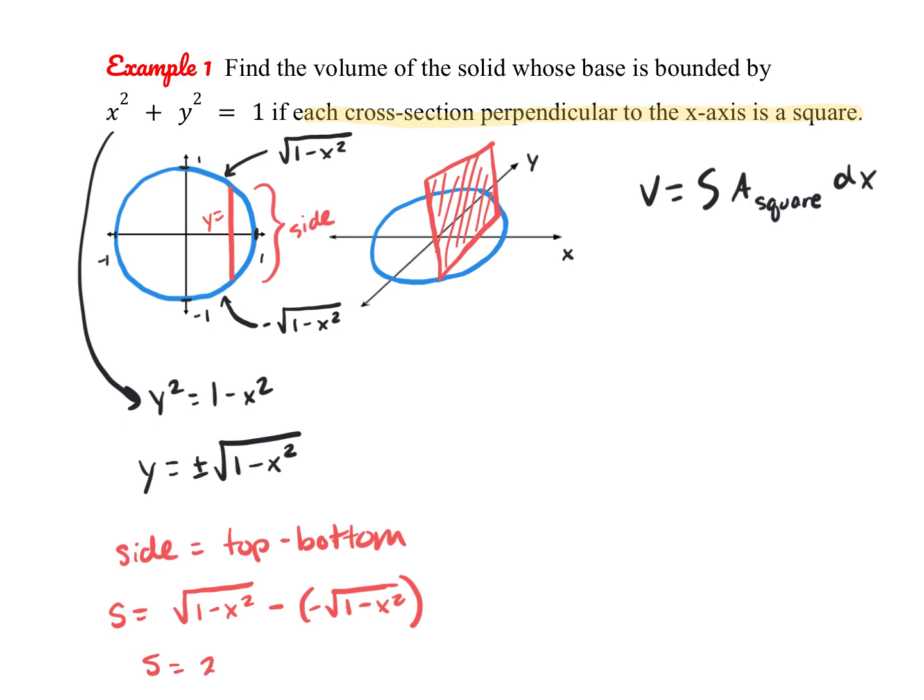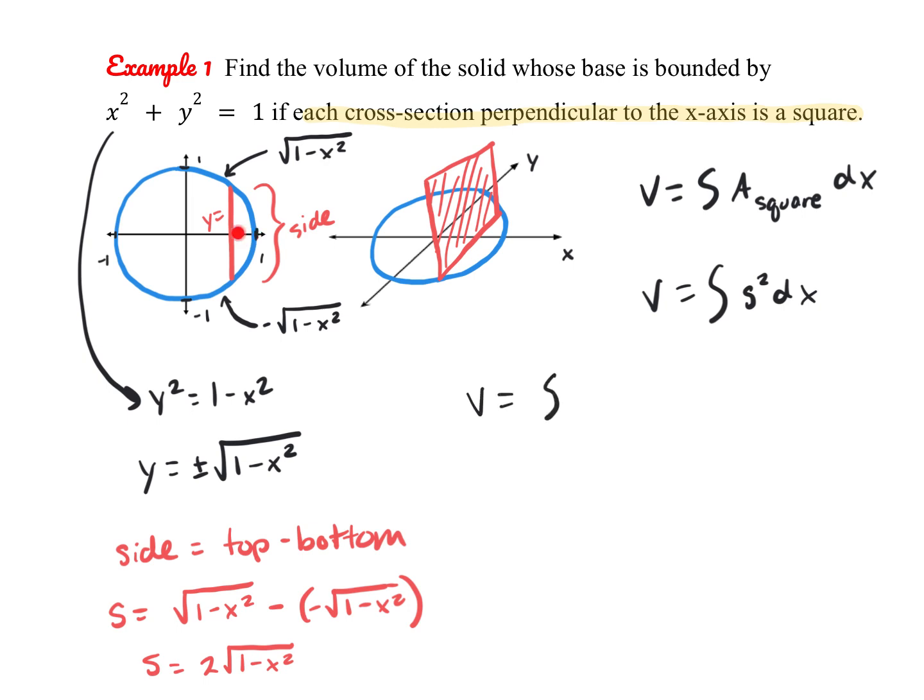So our side length is just 2 times the square root of 1 minus x squared. So that's the side of our square, but we know the area of a square is just side squared, so the integral of our s value squared dx. And now we're ready to set up our volume integral.